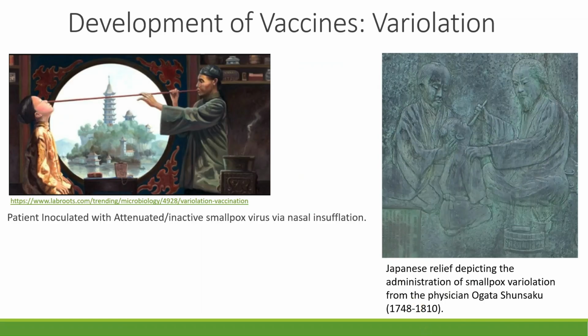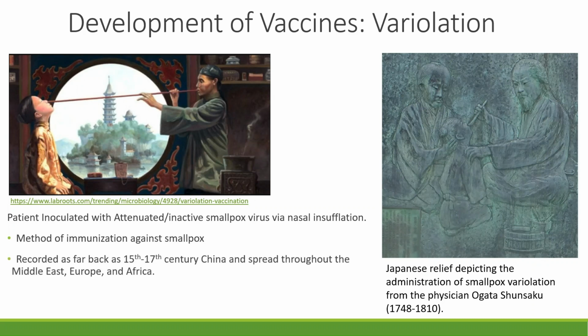There is a very long history of the development of vaccines. It's not something new. There's something that's been around for a very long time called variolation. This was an early method of immunization against smallpox, in which a patient was inoculated with an attenuated or inactive smallpox virus. We'll talk about how that works a little bit. This practice has been around since about the 15th to 17th century in China, and later spread to the Middle East, Europe, and Africa.